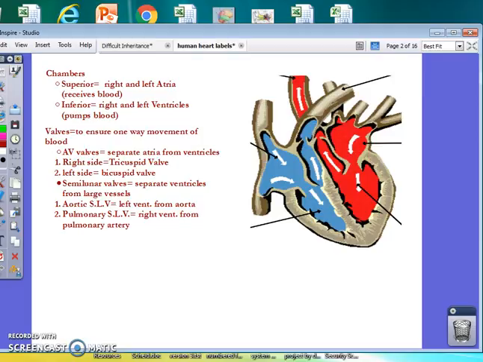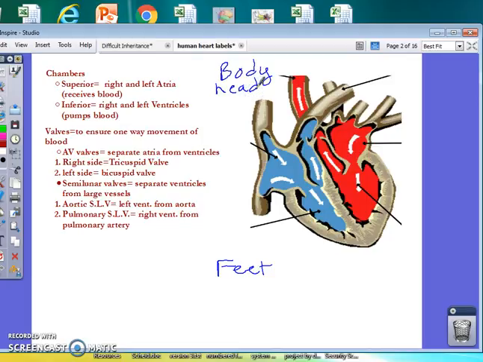It comes in at 2 different places and it leaves at 2 different places. It's known as a double pump. And so we're going to start with a drop of blood from the body. It could be from the head, it could be from the feet down here. We just say body in general.